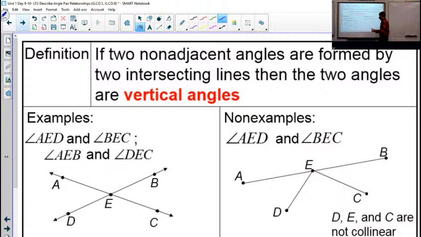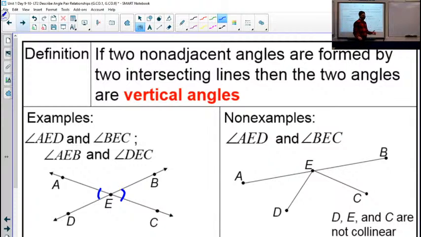Okay? What does that mean? Well, if I have this angle right here, the angle that's not adjacent to it, that's not right next to that angle, well, I have this angle over here on the left. The angle that's right next to it would be the angle on top and also the angle on bottom. So the one that wouldn't be adjacent to it would be the angle on the right.